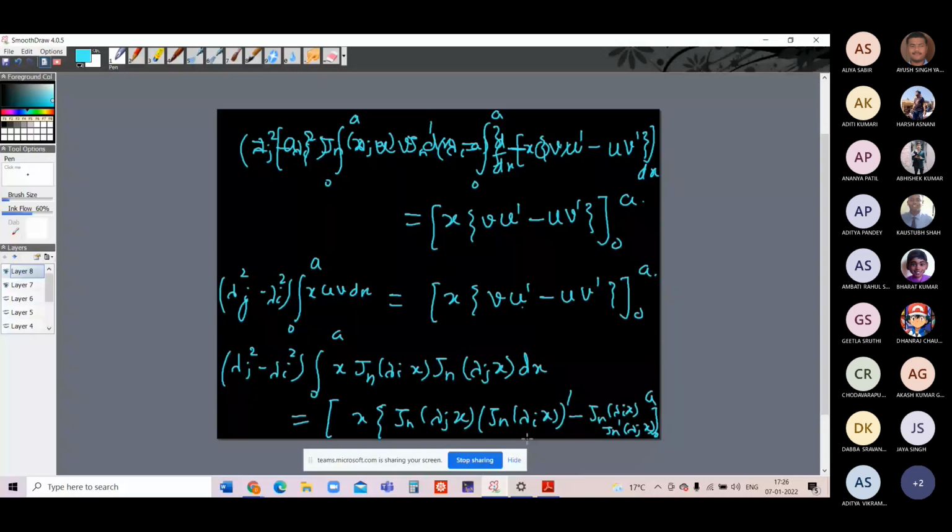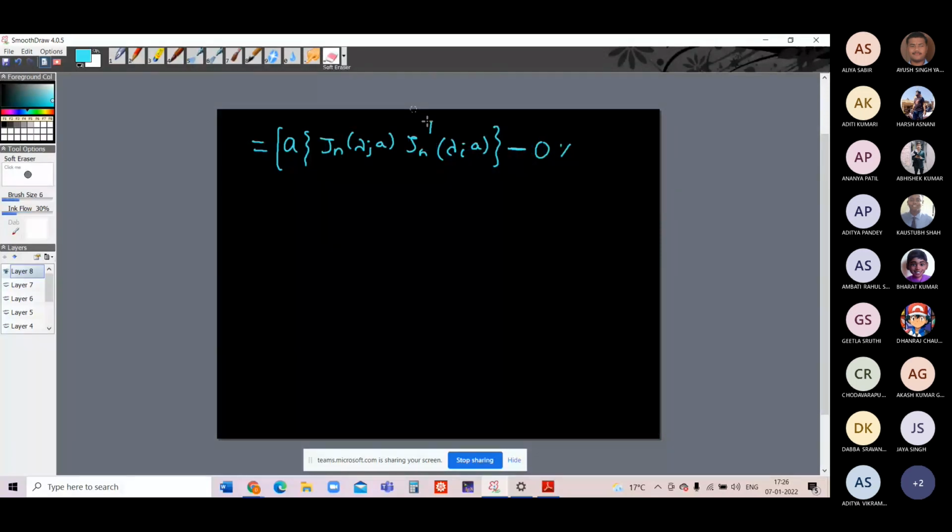Minus J_n(lambda I a) and J_n dash(lambda j a). At the lower limit, the total value will be 0.